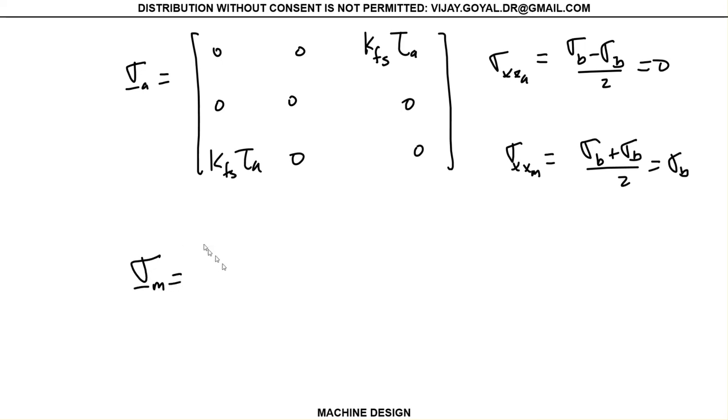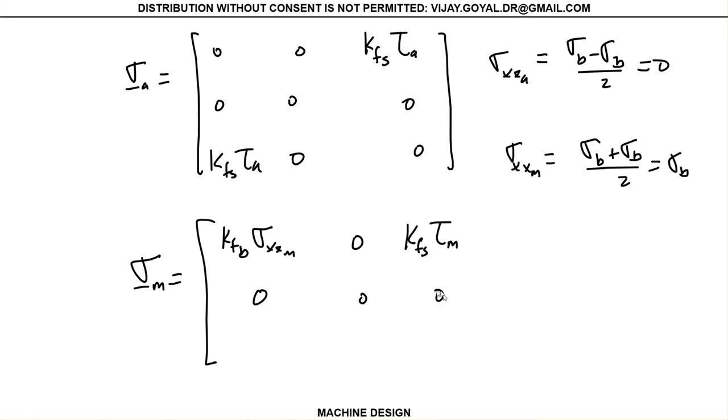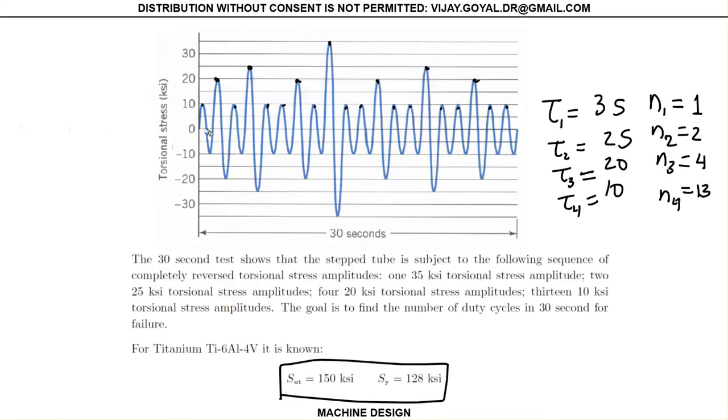And then for your mean case, this will be Kf sigma_b xx mean, and you do have your mean and alternate, although this is all 0 as well. And you can see in the problem, all my alternate stresses will be 0 because the load is fully reversed.